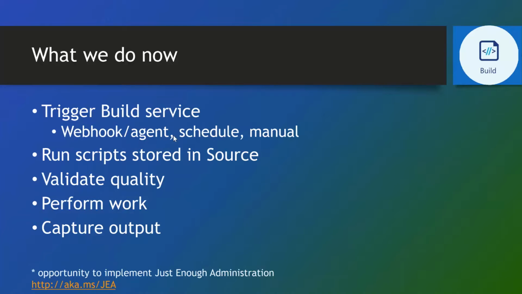This is an interesting opportunity if you're familiar with PowerShell Just Enough Administration, where you can define a remote endpoint on a Windows node and say only these things can be done in PowerShell on that node. And that's actually delivered using DSC. This creates an interesting opportunity where, for maintenance tasks, we also want to execute that, potentially using an automation platform driven by build, and I'll talk about what that means.